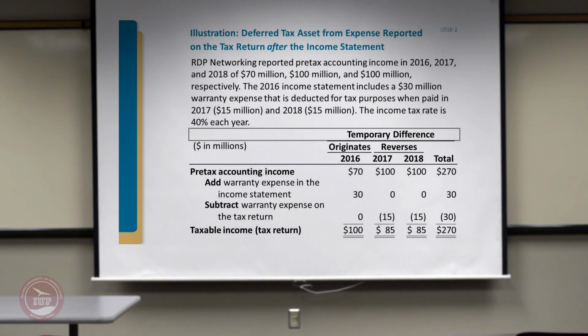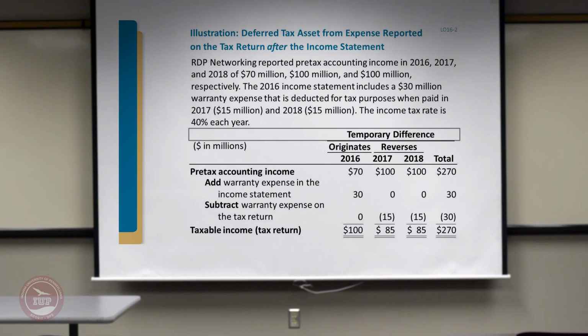So in this case, you've got a pre-tax income of $70 million, but the taxable income is increased by $30 million because that expense will be recognized later on for tax purposes. So to come to the taxable income, we have added back the $30 million to come to $100 million. So accounting income is $70 million, taxable income is $100 million.